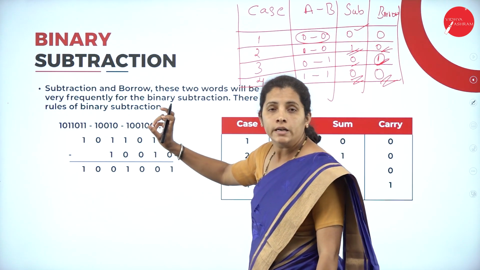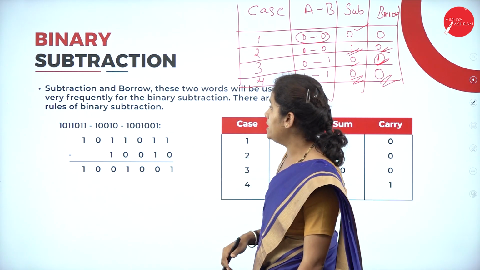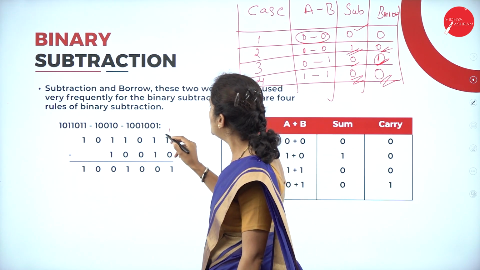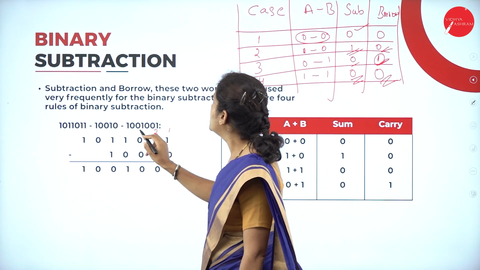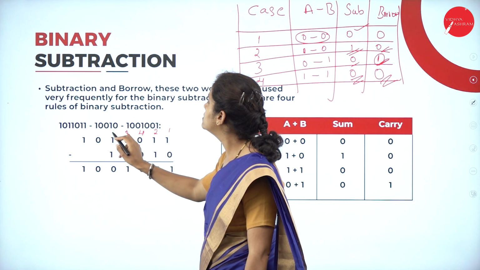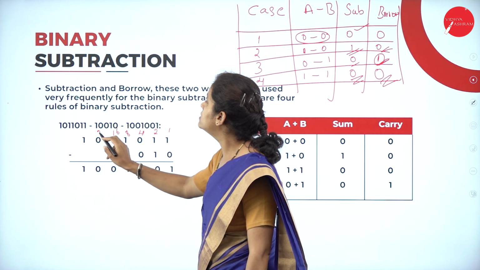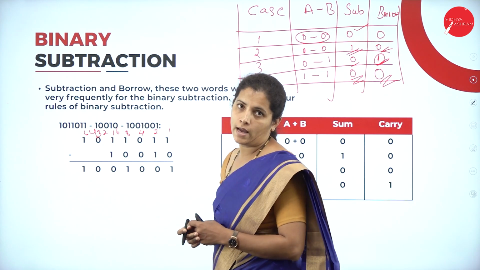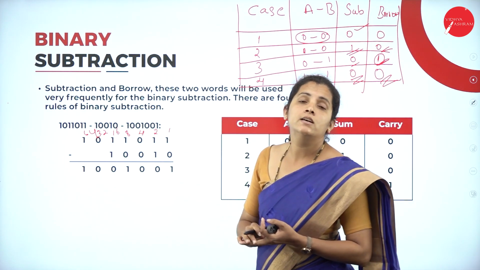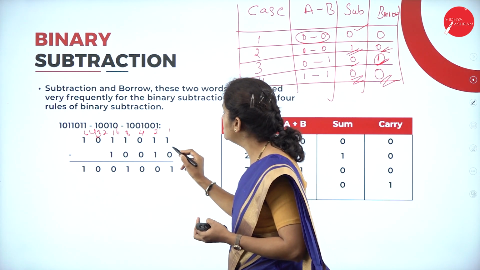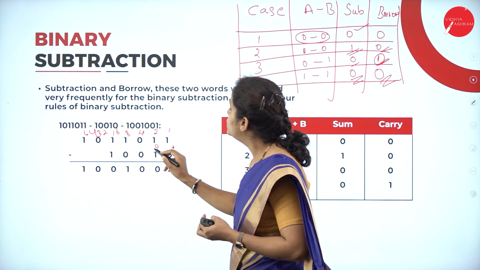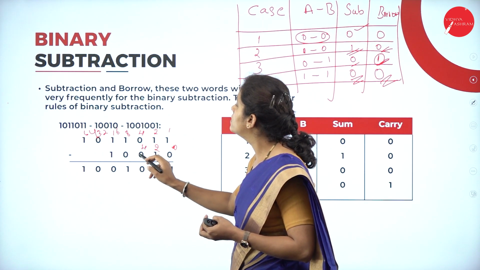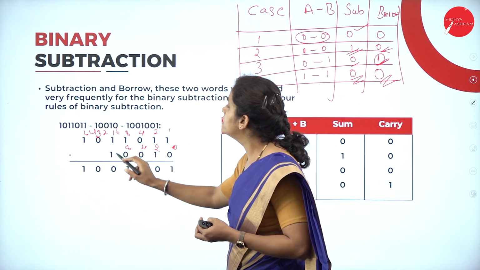Suppose if you want to take the decimal equivalent, I repeat, if you want to take the decimal equivalent, it is 1, 2, then 4, 8, 16, then it is 32, it is 64. Add all these values. Here you are going to get the decimal equivalent. Once again, this is 1, 2, here it is 0, here it is 4, here it is 8, here it is 16.